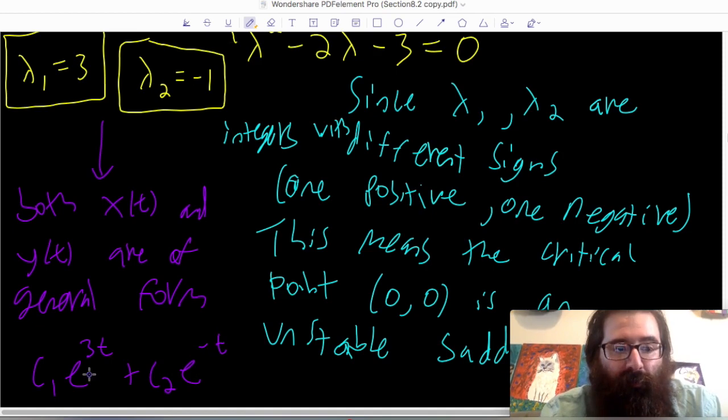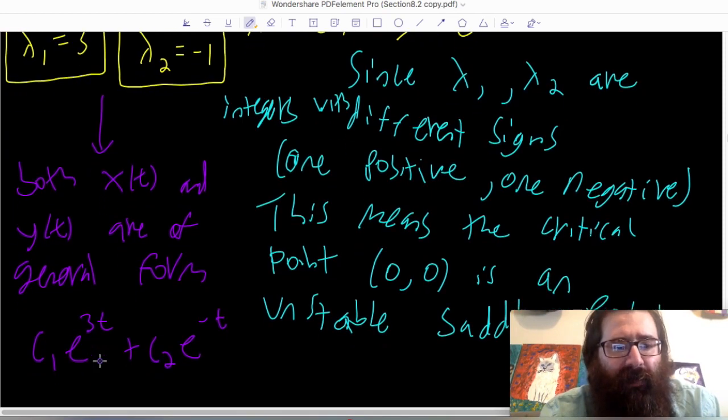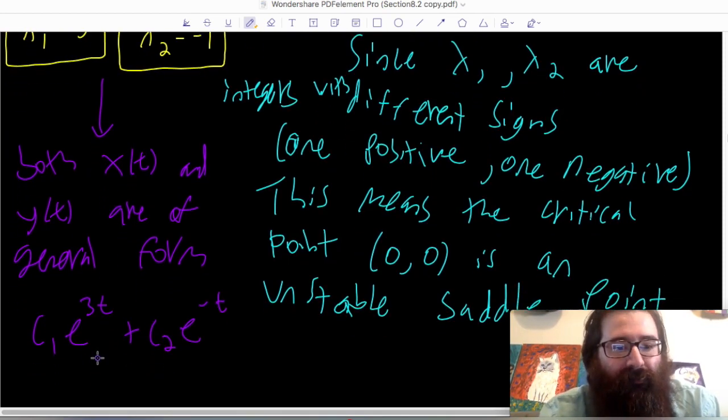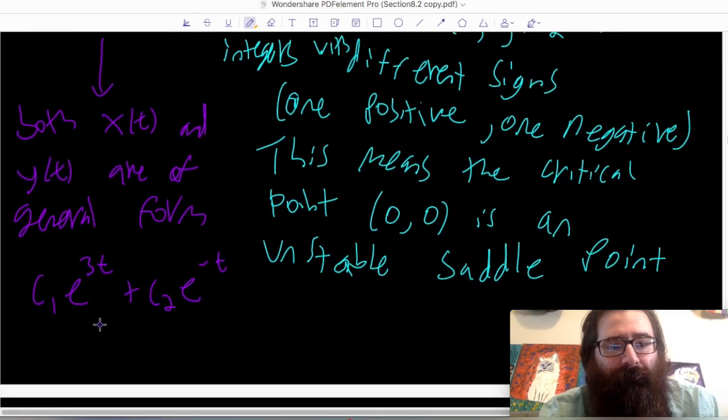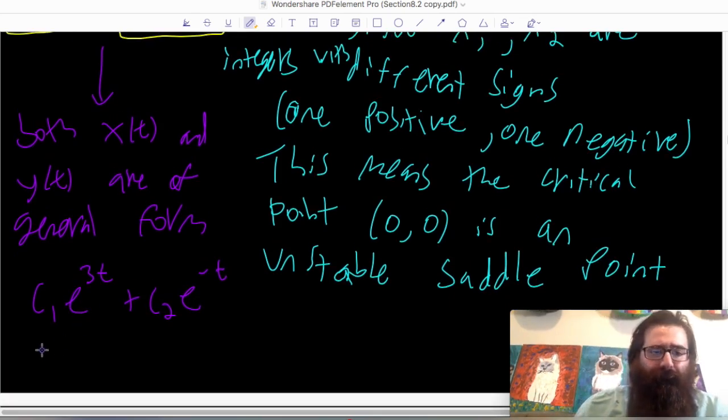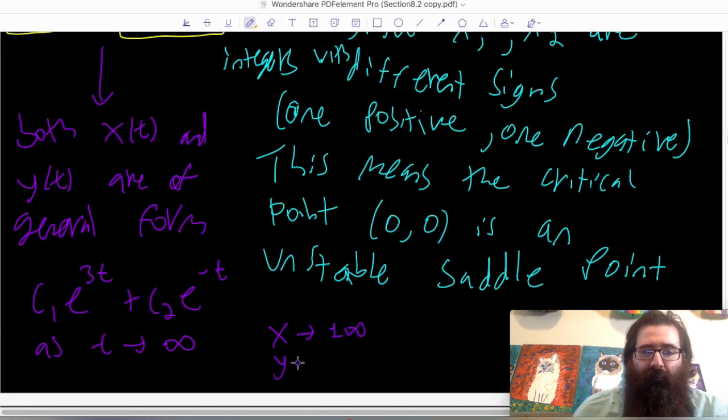It's going to go to 0. But this e to the 3t part, it's going to stick around, right? And that's going to call the shots. That's going to dictate the behavior eventually. So since not both of the pieces are decaying, we're going to end up diverging, headed to infinity. So I'd be able to say then, as t goes to infinity, x goes to plus or minus infinity, and y goes to plus or minus infinity, depending on how those coefficients end up looking.